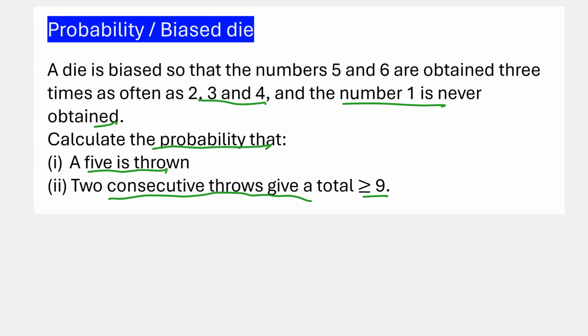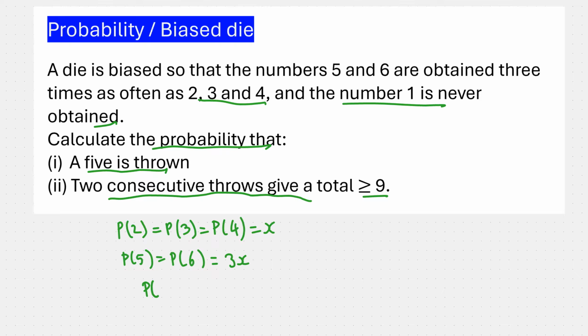So if we assume that the probability of a 2, which is equal to the probability of a 3, is equal to the probability of a 4, equals x, then the probability of a 5 is equal to the probability of a 6, which is 3x, and the probability of a 1 is 0. The sum of all probabilities is 1.